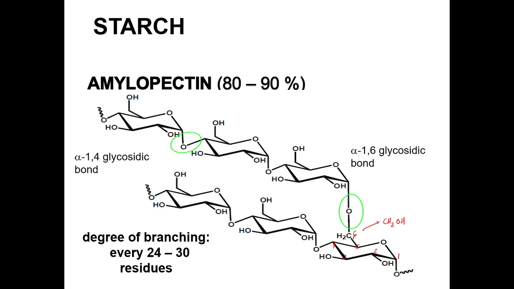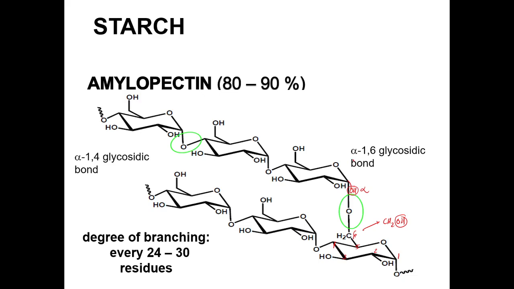Yan. So, itong OH na to, the OH here, reacted dun sa OH dito, yung naka-down. So, ito ay naka-down, ito naman ay naka-up. So, nagkaroon ng glycosidic bond between the carbon number 1 and the carbon number 6 natin. So, that's why ang na-form natin is an alpha 1,6 glycosidic bond.